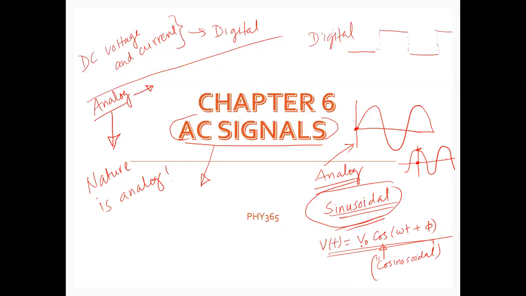Here V0 is the peak voltage, the peak. So the voltage varies from 0 to V0.